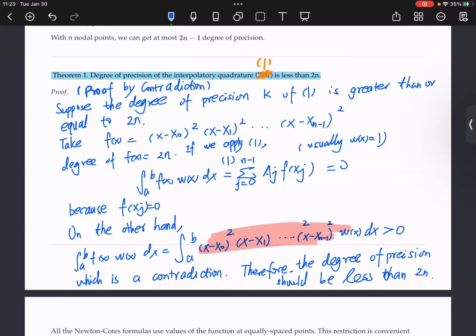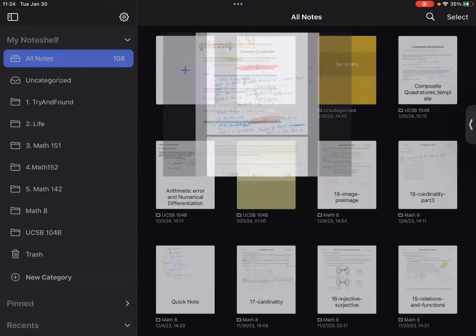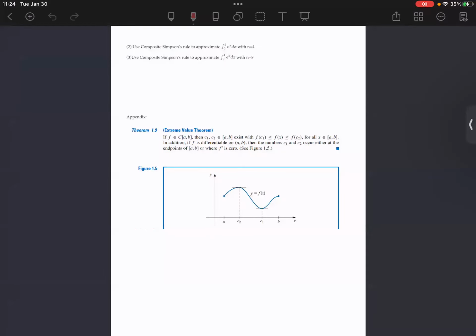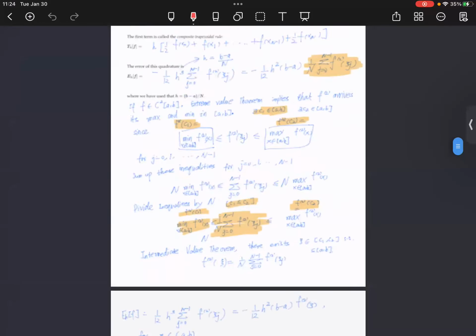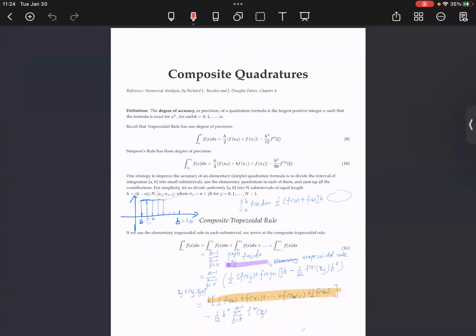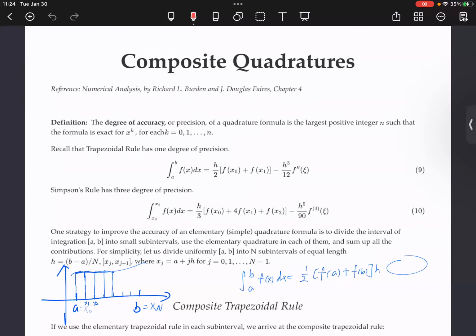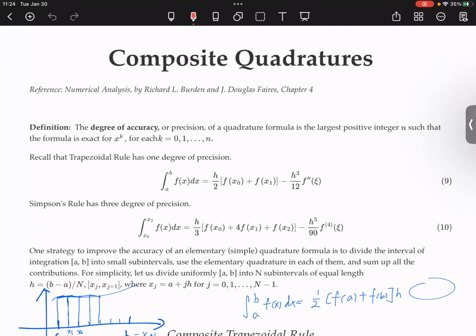So let's take a look at what we have in the trapezoidal rule and the Simpson's rule.